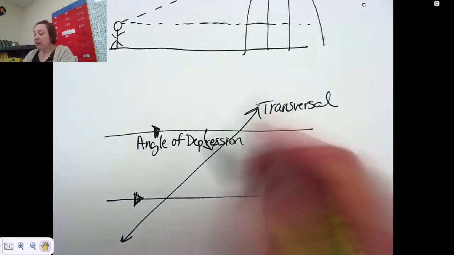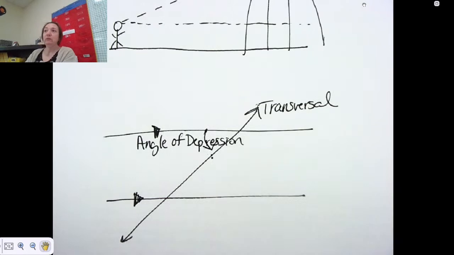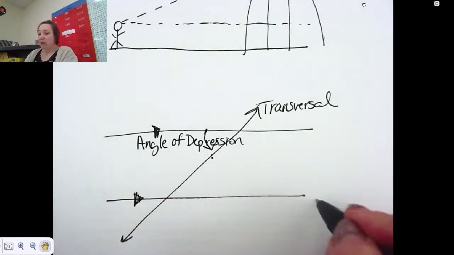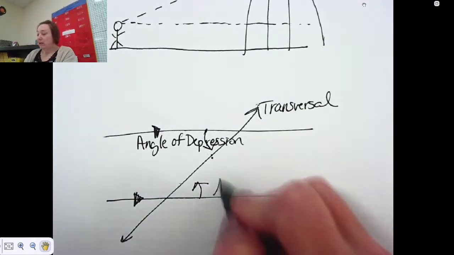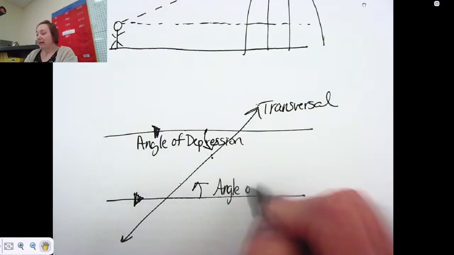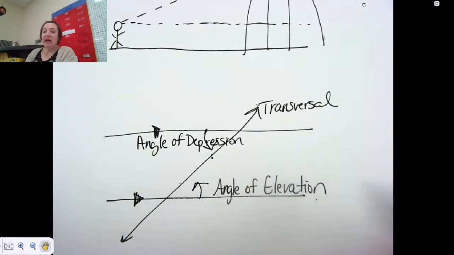So when you're talking about an angle of depression, that means you're going from a horizontal down. Y'all with me? If you go from the horizontal up to make an angle, it's called the angle of elevation because you elevate to make the angle, right? Everybody with me so far?